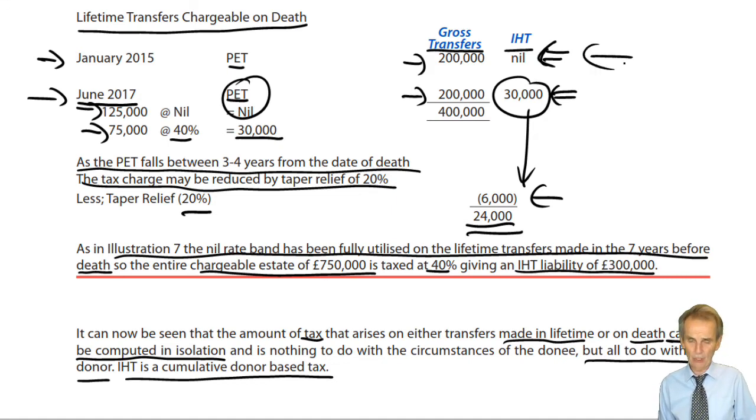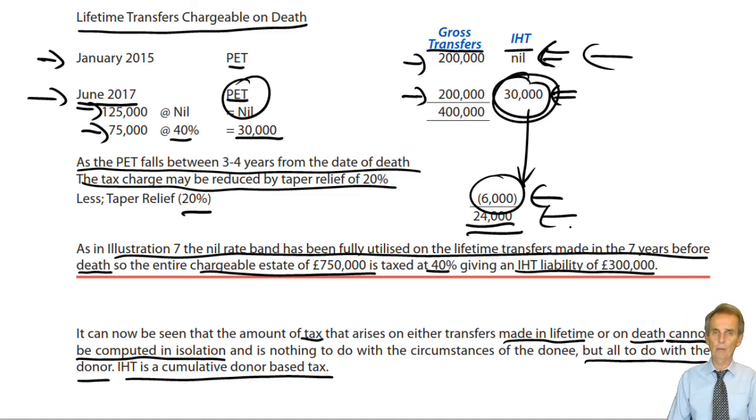The second beneficiary in June 17 was going to pay £30,000, but because of taper relief, that reduced it down to £24,000. At least some mitigation in that tax cost, but a very different outcome. It's a cumulative donor-based tax.